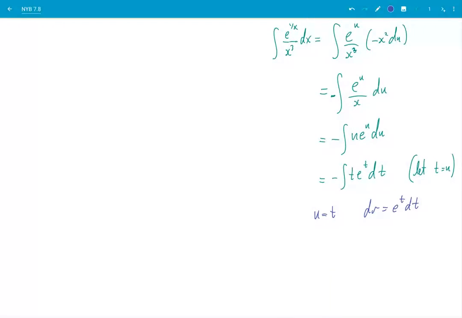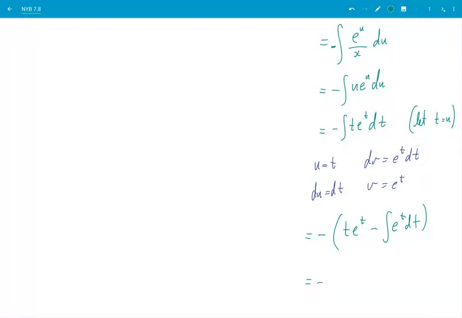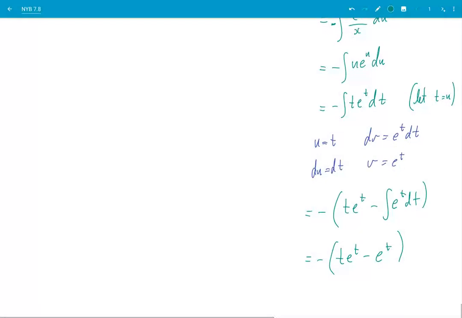You can skip ahead if you want. v is equal to e to the t. Negative t e to the t minus integral e to the t dt, which is t e to the t minus e to the t, which is minus t e to the t plus e to the t.